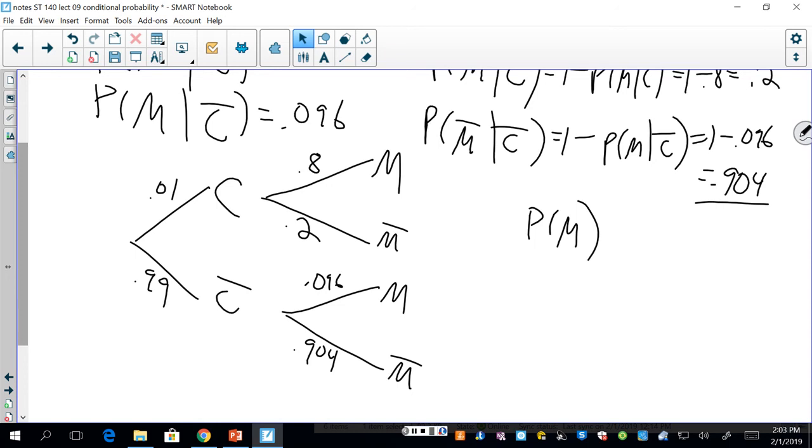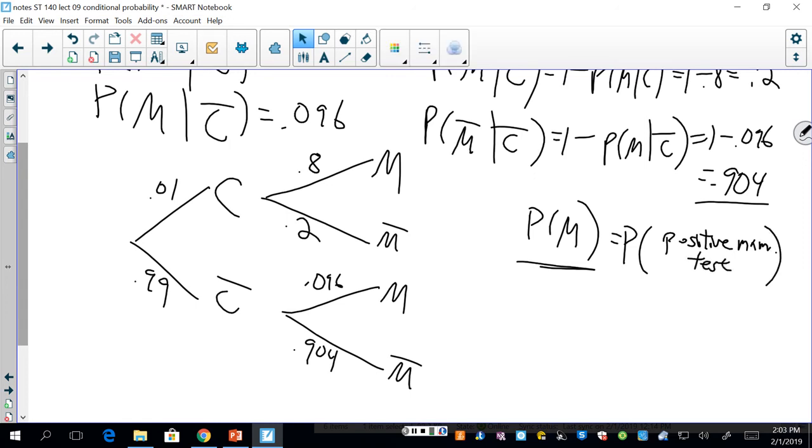Is PM like the chance that your mammogram doesn't detect? Yes, so this is about the chance of a positive mammogram test, that it does detect cancer or signals that it's worth investigating.